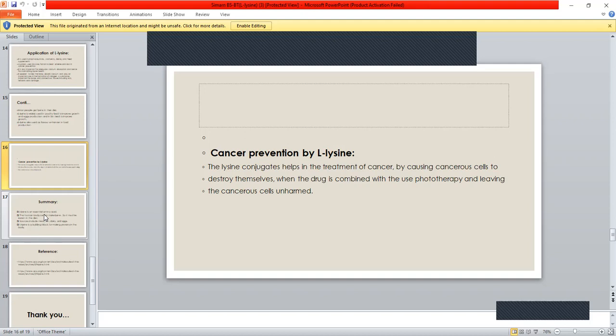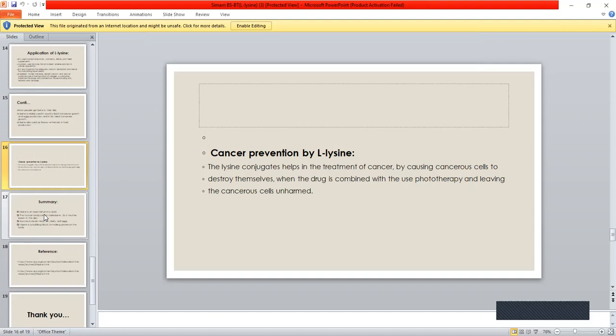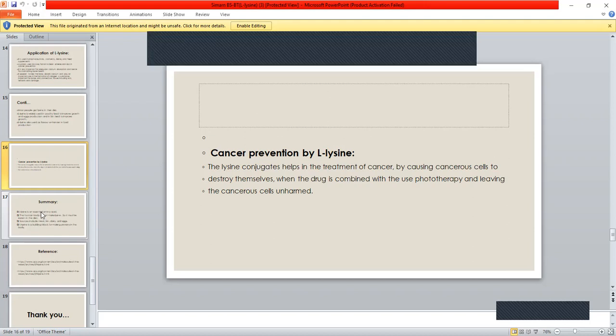These drugs combined with phototherapy destroy the cancer cells without harming the non-cancer cells. This is how they participate in prevention of cancer diseases.